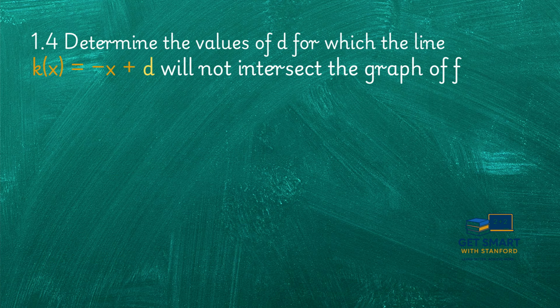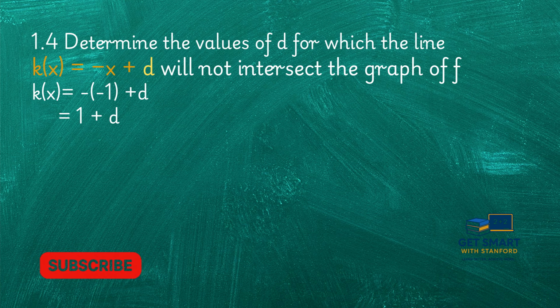In question 1.4, they say determine the values of d for which the line k(x) = -x + d will not intersect the graph of f. We know the value of x, which is -1. If it is substituted into this equation, we will have 1 + d. We already know that the value of y at the contact point is 6. When we substitute 5 for d, we will get 6, which does not suit the requirement because it intersects the parabola.